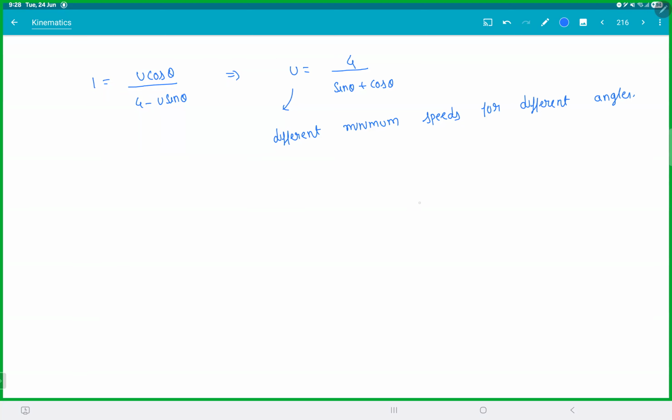I hope you learned this in trigonometry. If you have a function a sine theta plus b cos theta, I can do maximum minimum also. It must be less than or equal to root over a square plus b square. Remember this? That means sine theta plus cos theta's maximum value is root 2. Therefore, to get the minimum speed, the denominator has to be maximum. So this will be 4 by root 2.